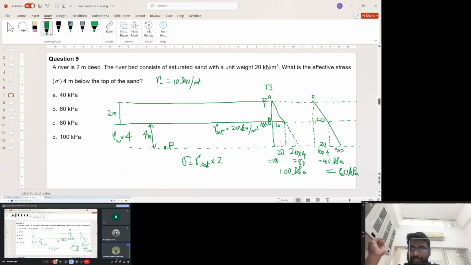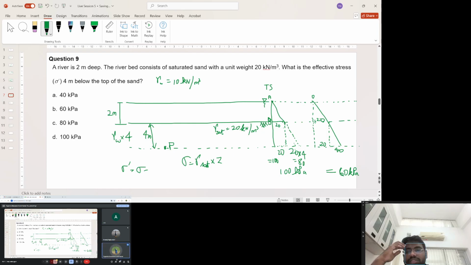Now you can erase the 10 into 4 and 40 kPa also, because later anyone who refers to it might get confused. Now it is fine.